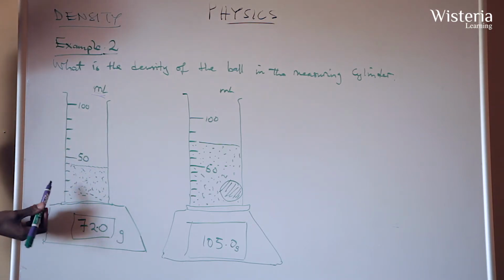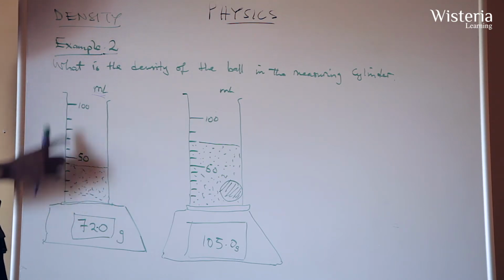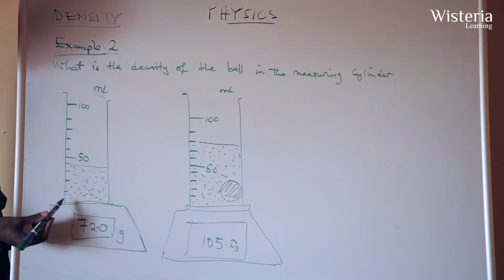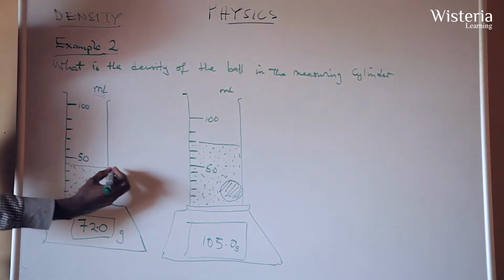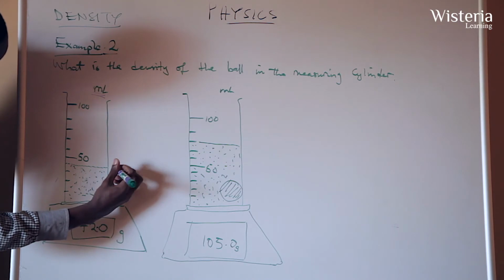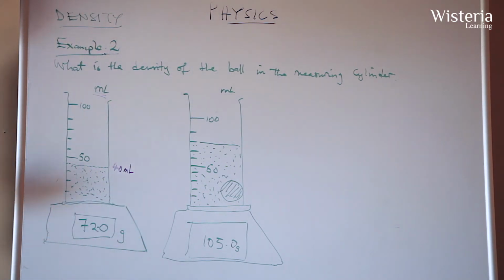So in order to determine the volume of the water in the measuring cylinder, we simply say 10, 20, 30, 40 milliliters. So this volume here is 40 milliliters. So we've now made it simple for us.